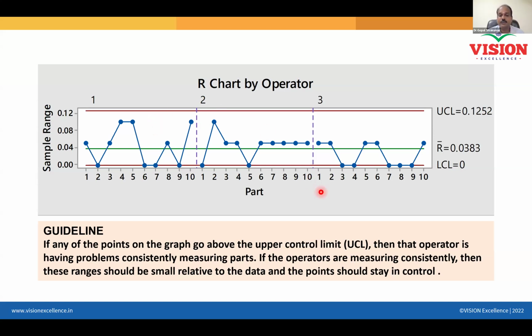This graph is letting you understand. So if at all any action needs to be taken, that should be with operator 1. Maybe you train him, provide him some extra training or check what is specifically going wrong with operator 1, and then the repeatability part can come down.